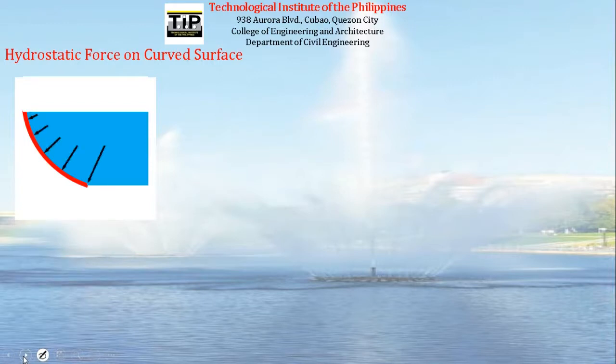This fluid will act on this curved surface, so it will exert pressure. The pressure, as we know, is equal to force over area. So this fluid exerts force on this curved surface in all directions. You can imagine that the entire cross area of this curved surface is filled with water, so it will be acted upon by the force of the water, by the weight of the water.